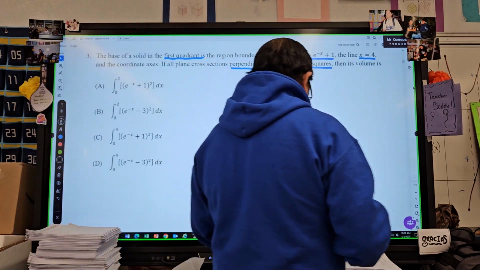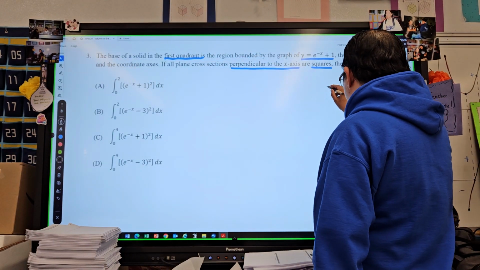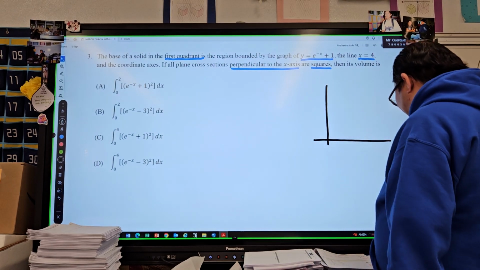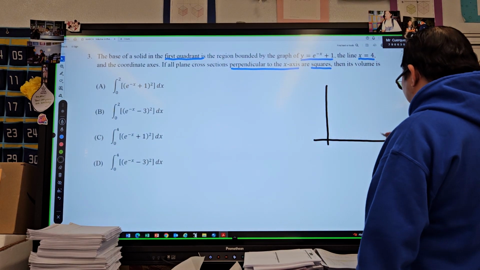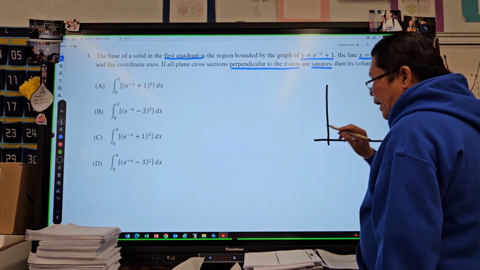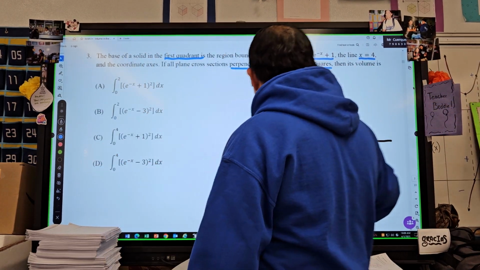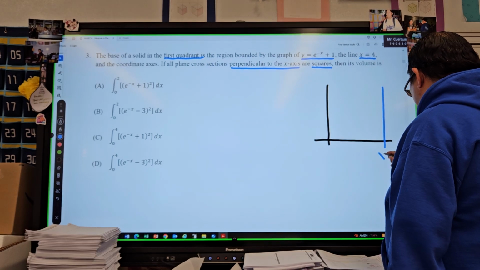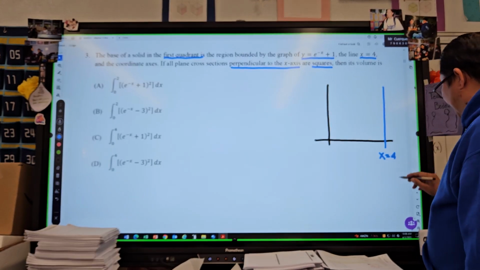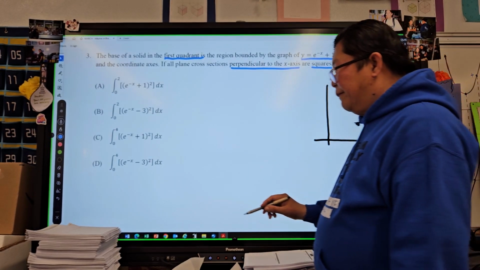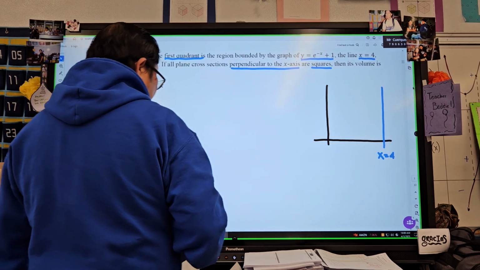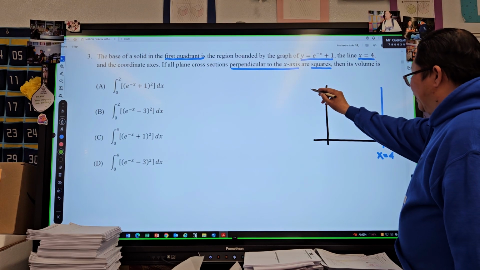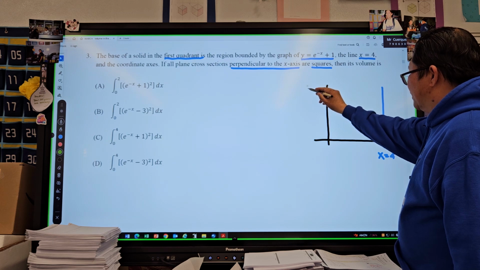I have a line first, in blue color, which is x equals 4. And the graph, I'm using green, the exponential graph looks this way.